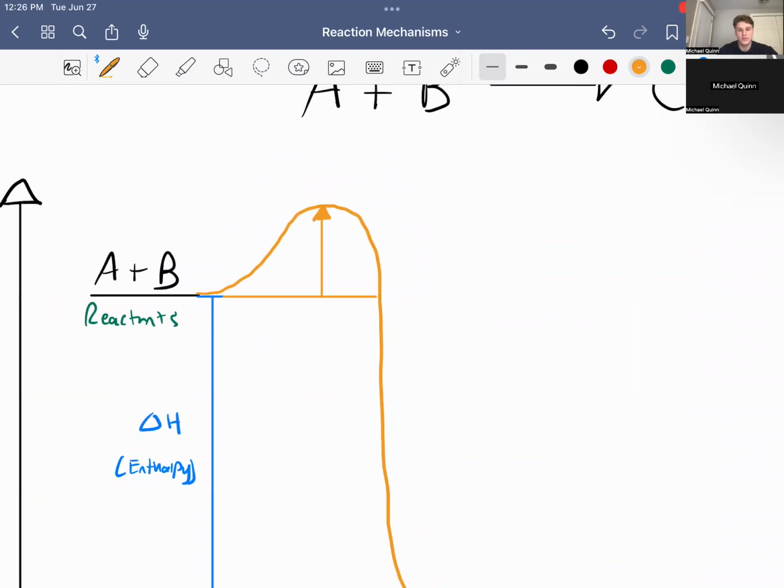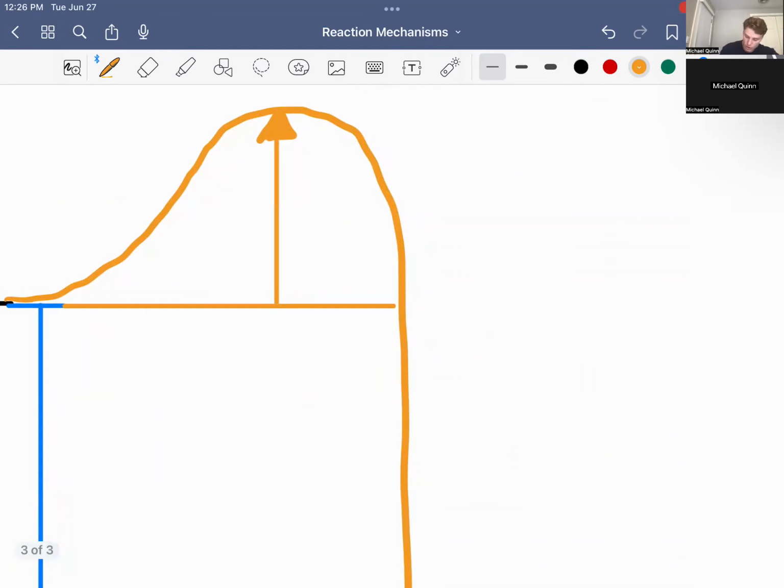So we can think of activation energy as a barrier, as in we need to overcome that much energy in order to proceed from the reactants to the products. So this amount of energy right here will be our activation energy.